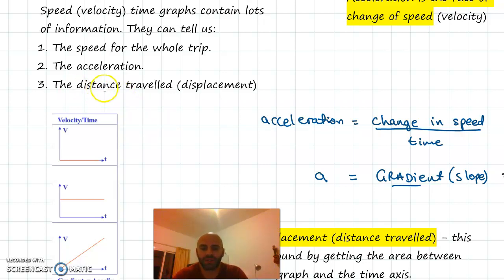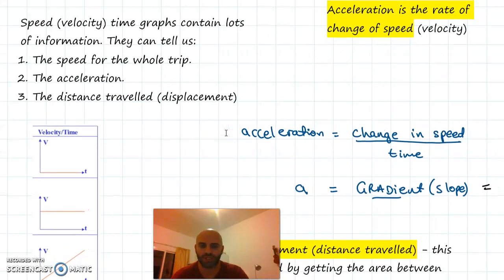And the last thing that we can figure out from it is the distance traveled or the displacement. Now, if you remember, I mentioned that vector quantities have a direction attached to them. So displacement is just like distance, but it's got a direction attached to it as well. So it tells us just a tiny bit more information than just distance.